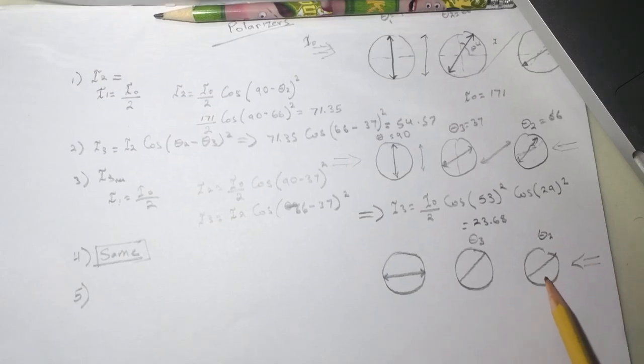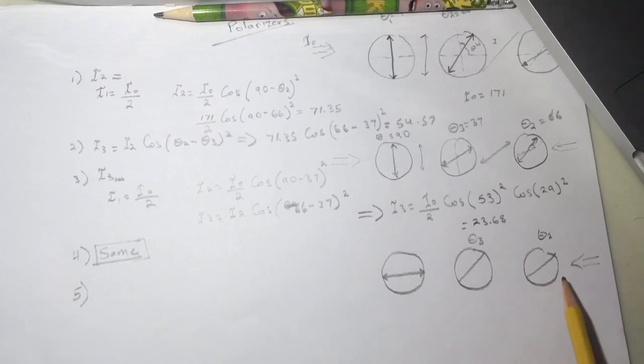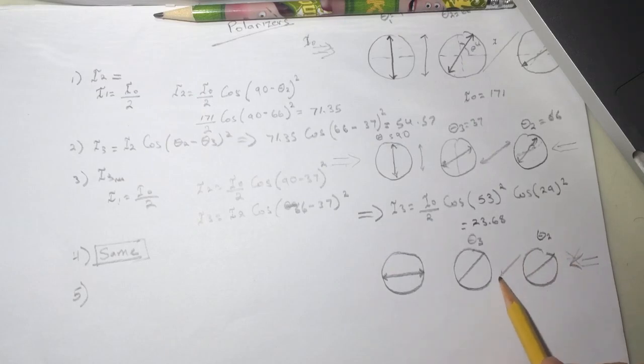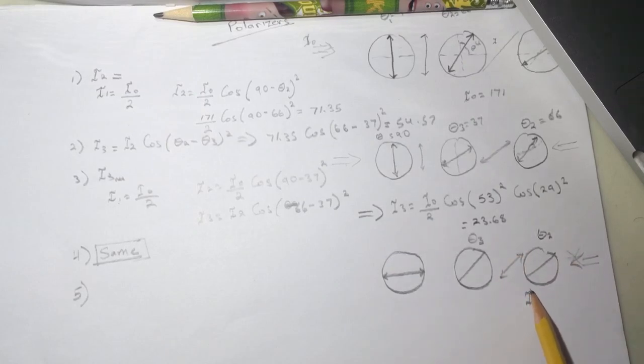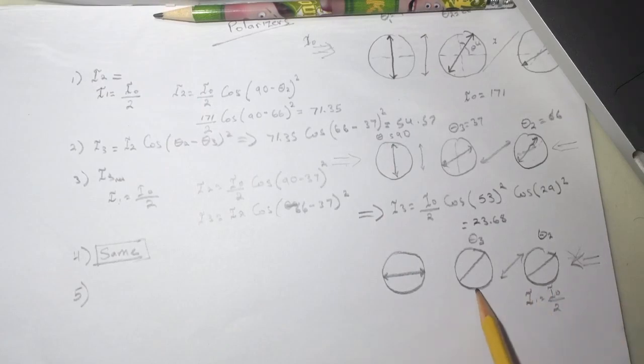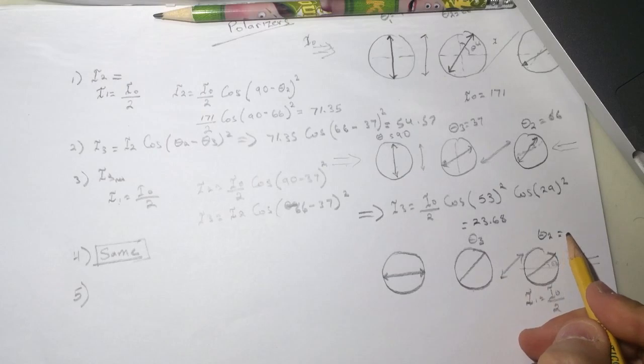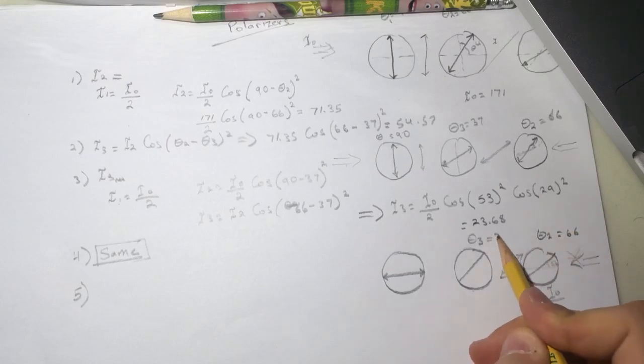Let's do it step by step. The light passes by this first one, and I1 will be equal to I naught over 2. Here all of it comes with an angle which is theta 2, which is 66, and theta 3 is 37.